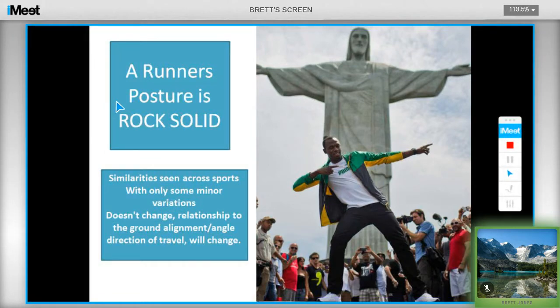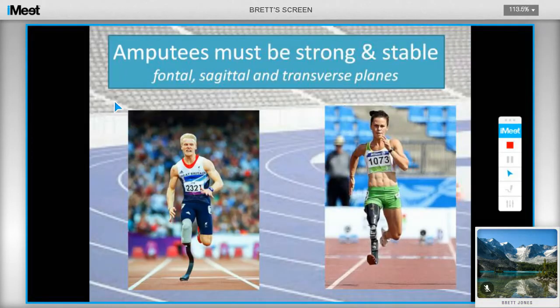There are similarities that we see across sports, and generally we only see some minor variations. And those variations, for me, aren't really about the alignment of the posture, but what we see change is the alignment to the ground, or the alignment to the direction of travel. Amputees in particular must be super strong and really stable.